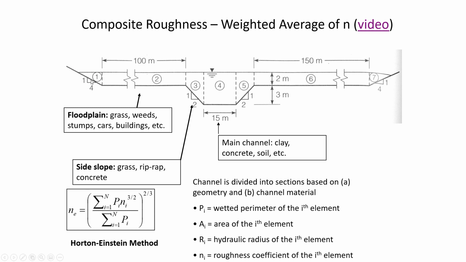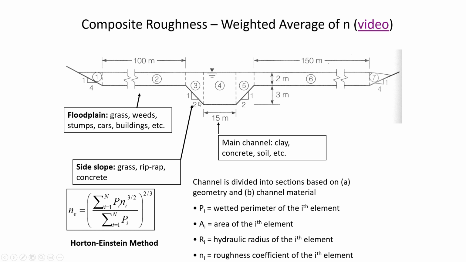And so, if this was just a grassy hillside, you'd find the n value for that grassy hillside and you'd multiply it by whatever this segment length is. And then if this section of the floodplain is a bunch of tree stumps and vegetation and cattails and so on, you'd find the applicable n value and multiply it by the length for that section. And then you do the same thing here.